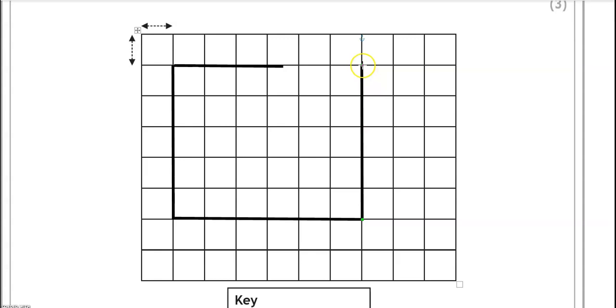And 1.5 here, 1.5 squares. I'm going to stop here, and we'll join these two together.